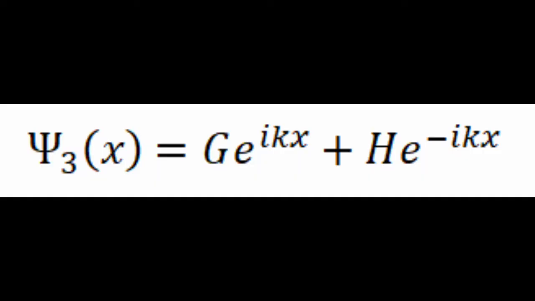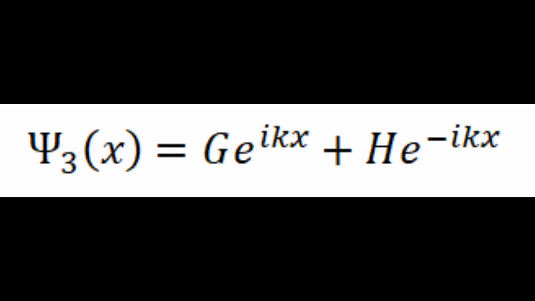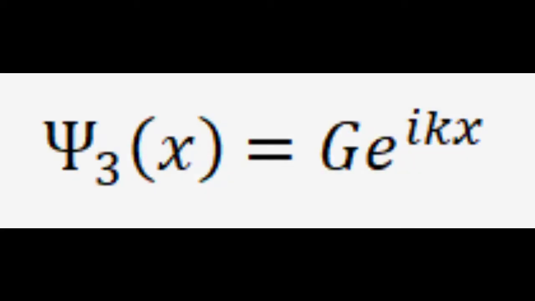The wave function for the third region is given by this here, which is equivalent to what we had earlier. The difference is that the particles beyond the barrier can extend on towards infinity. They will never reach another barrier at this point. So we can consider the second term there to be 0, and we're just left with that equation right there.